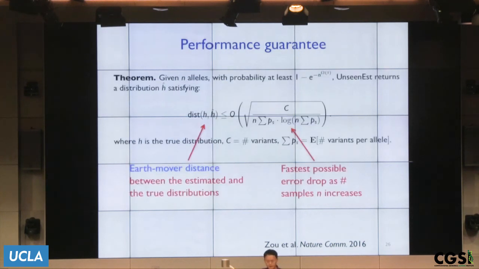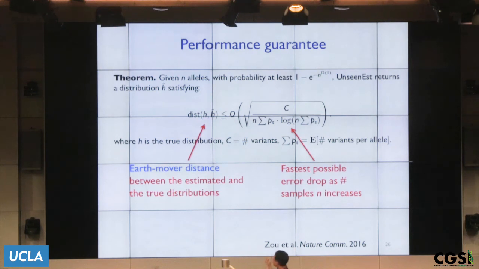And here, the theoretical guarantee is that if I solve this transport problem, if I solve this linear program, then I have a guarantee on how good my estimate is. The left-hand term corresponds to the actual Earth mover distance between my estimate of the site frequency spectrum and the true population frequency spectrum.